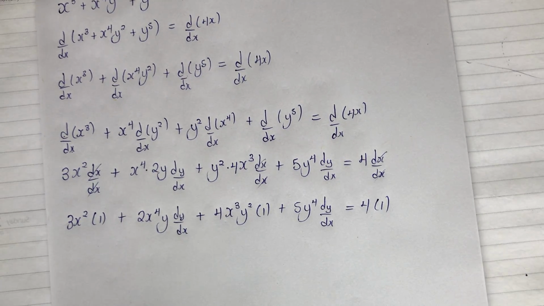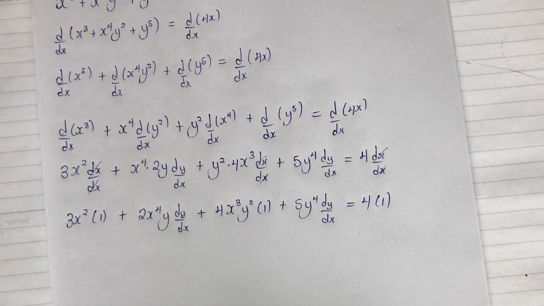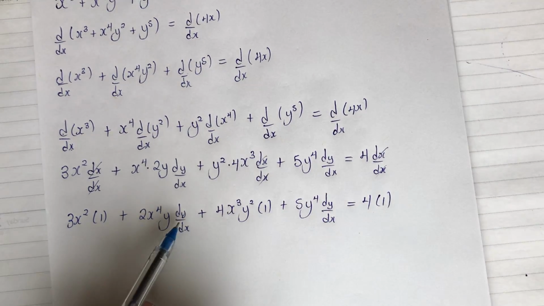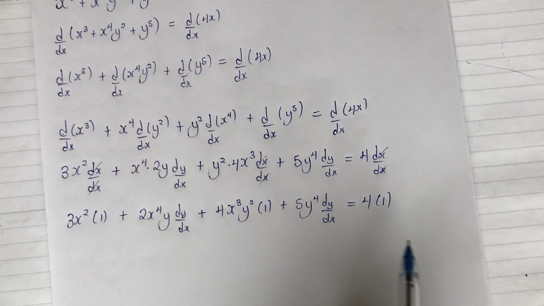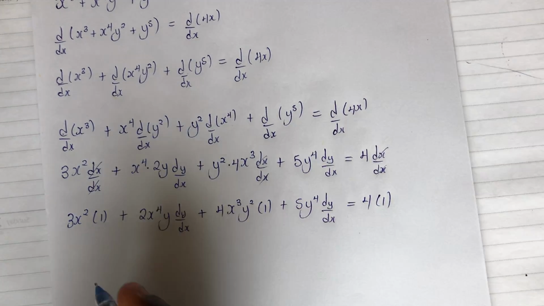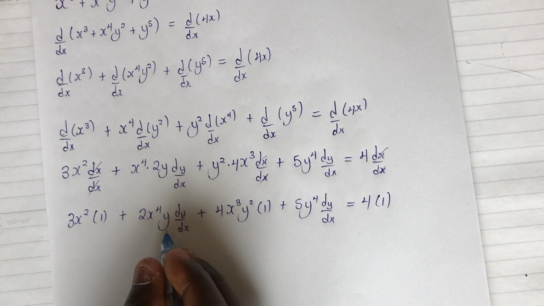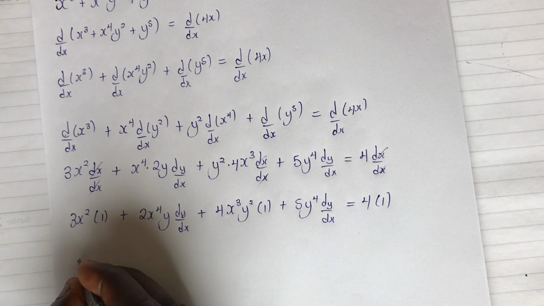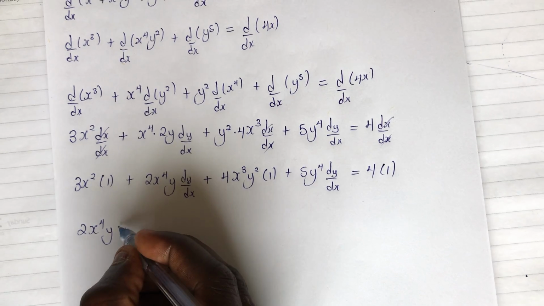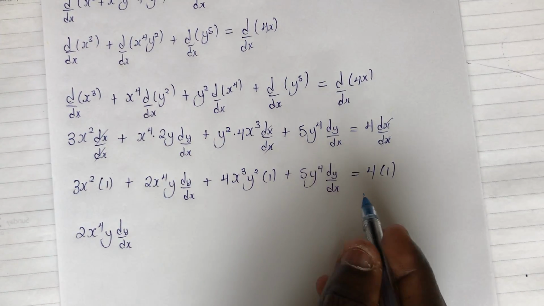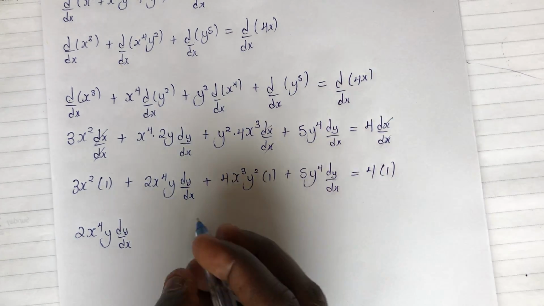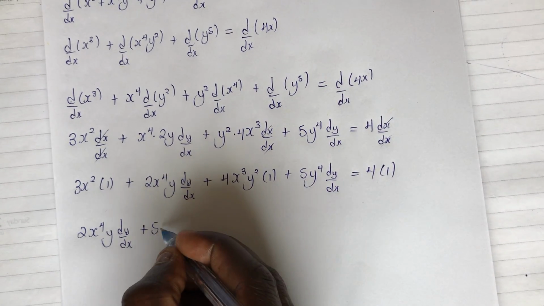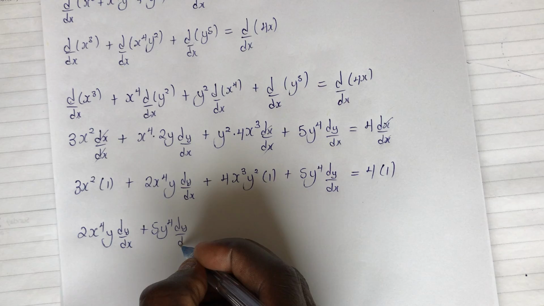That is it. The last step said that we should group all terms having dy dx to one side, then we add the rest and we equate the function to 0. So I'll write this one first: I have 2x raised to the power 4 y dy dx. This term also has dy dx, plus 5y raised to the power 4 dy dx.